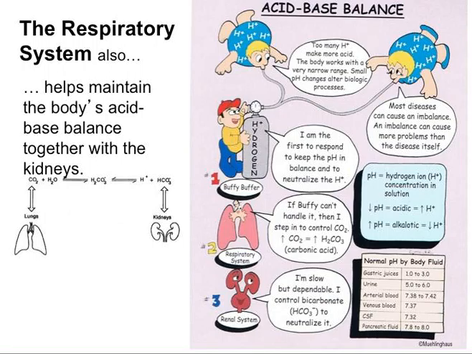In the bottom right part of the picture, you see some of the normal pHs for body fluids. And remember, the pH is an indicator. It's a number that shows us how many hydrogen ions are in the system, how acidic or how basic it is. The more hydrogen ions in the system, the higher the concentration, the more acidic the system, the lower the pH number.